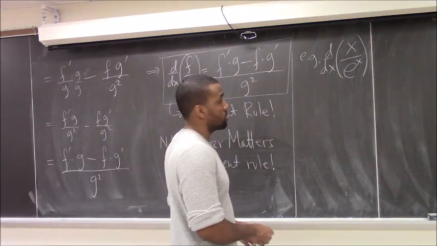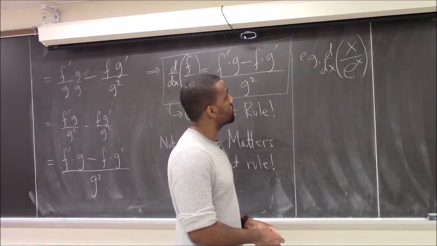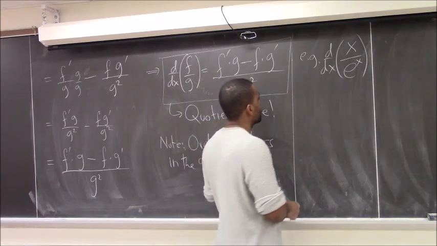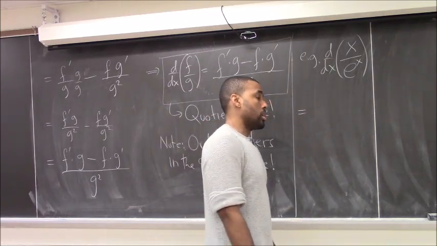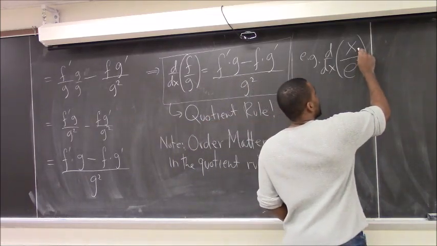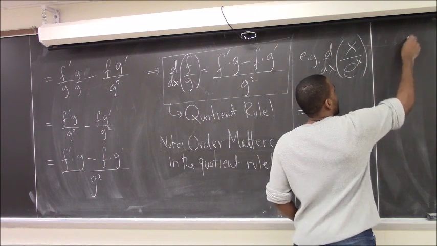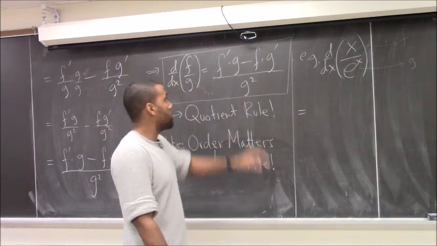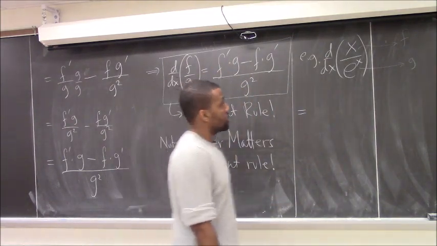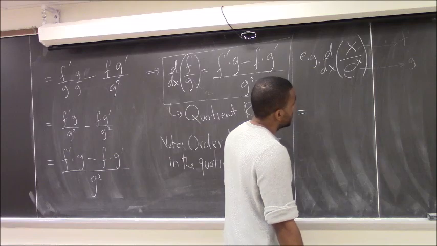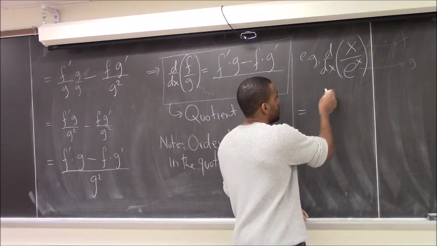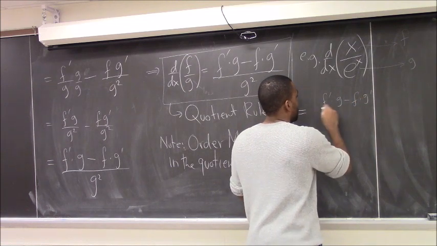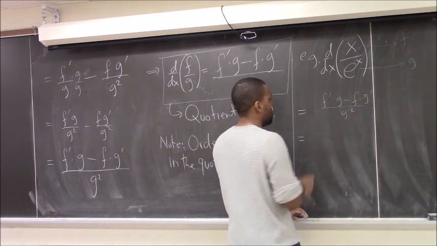Yeah? e to the x minus x e to the x over e to the x squared. Okay, so let's go through that carefully. The top here, I'm going to call my f. The bottom, I'm going to call the g. And in this case, it matters who I call who if I'm plugging into this function. So the top is the f and the bottom is the g. And so now I know I want to do f prime times g minus f times g prime over g squared. So I know that's what I'm going to want to plug into.